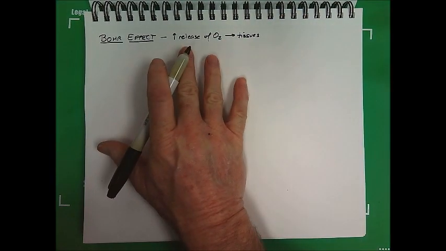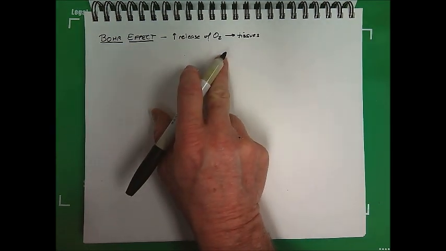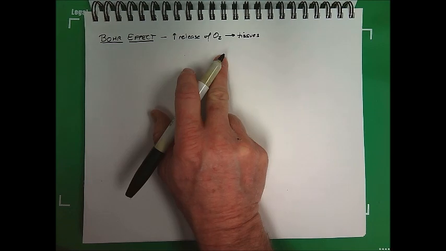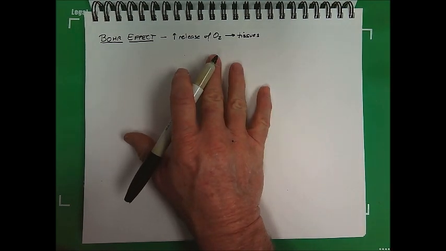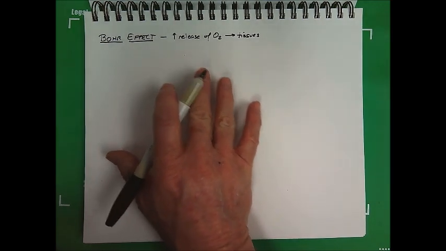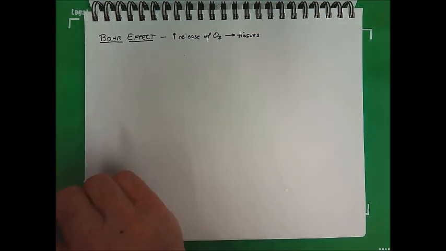Now we just saw that the binding affinity to hemoglobin is lower than myoglobin in the tissues, which would allow a directional movement of oxygen from the lower affinity hemoglobin to the higher affinity myoglobin. But to ensure the release of oxygen and binding of myoglobin, we have another principle called the Bohr effect that helps facilitate this.